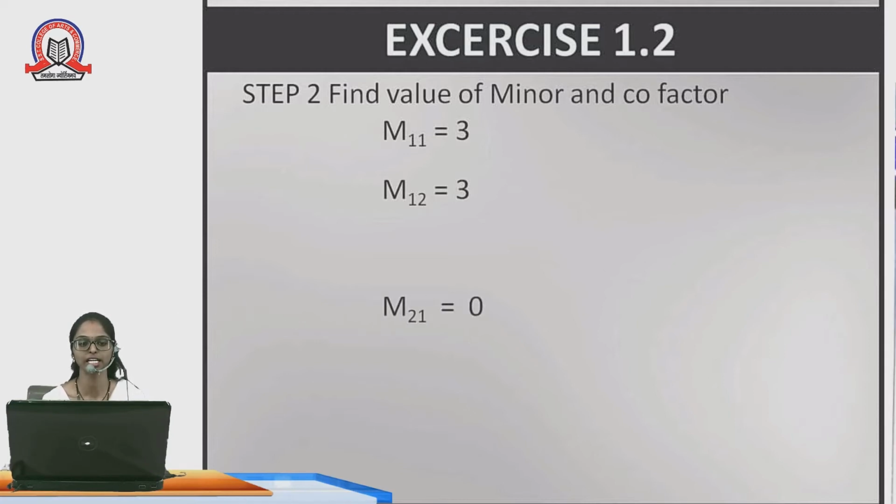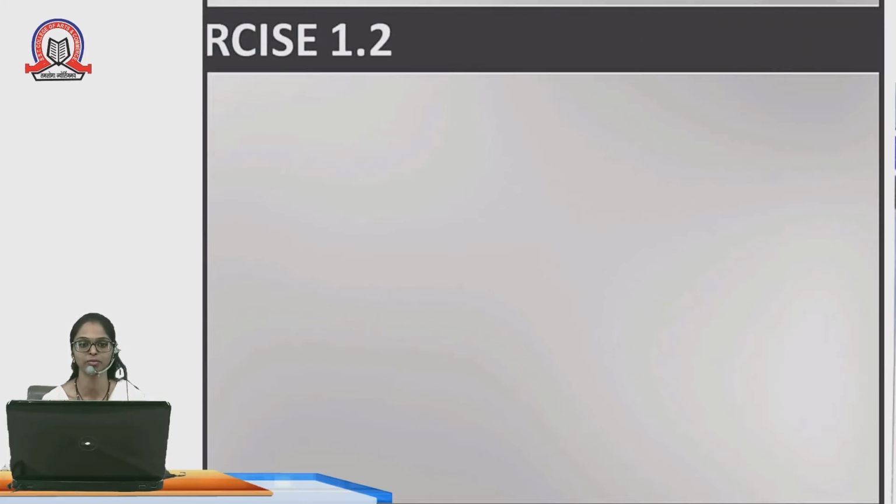Next row element M21 is equal to 0 and the last element M22 is equal to 1. That is, A11 is equal to 3, A12 is equal to minus 3, A21 is equal to 0 and A22 is equal to 1. These are the cofactor values.